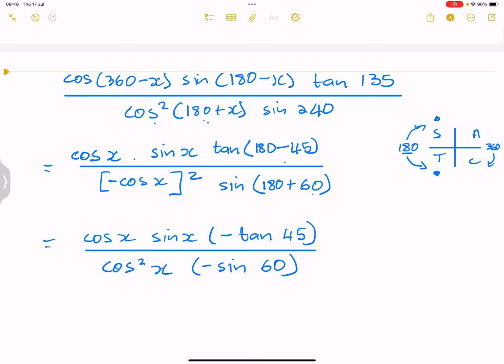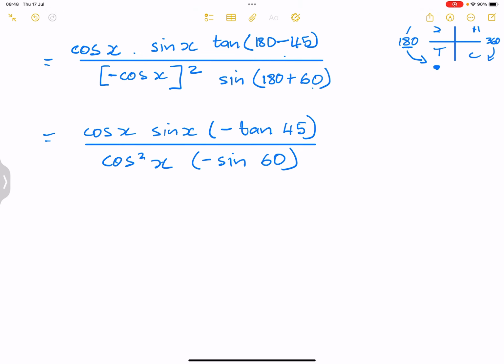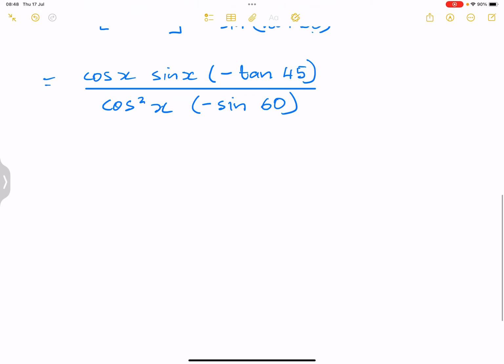Now, ladies and gents, it's very important for you to know your special angles, right? I would say please just make sure that you know your triangles. By the way, you've got two ways in which to remember those special angles. You can either use your triangles, okay? So this would be 30 degrees. This would be 60 degrees, okay?